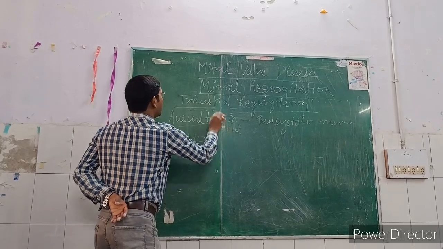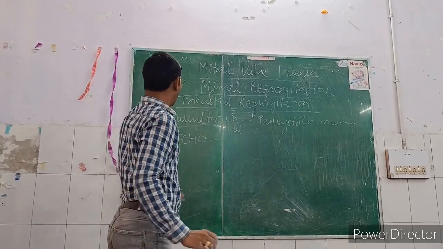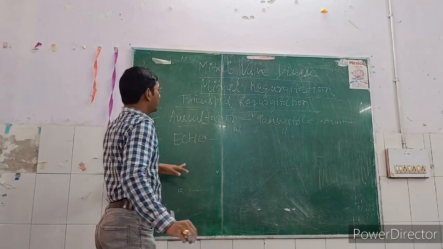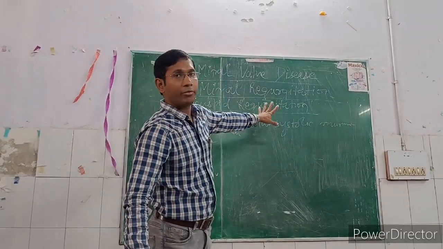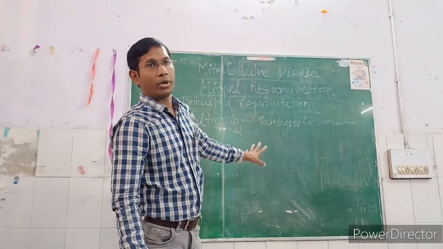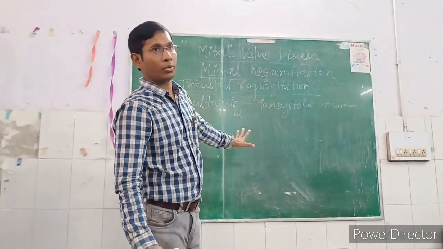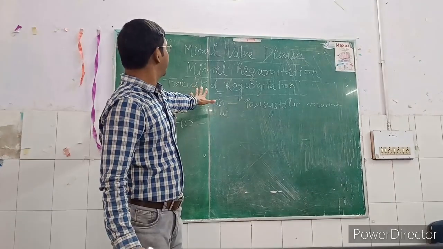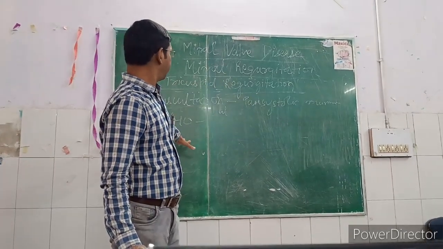In echo we can easily get the tricuspid regurgitation, and since tricuspid regurgitation is mostly functional, treatment of the cardiac failure itself improves the tricuspid regurgitation.